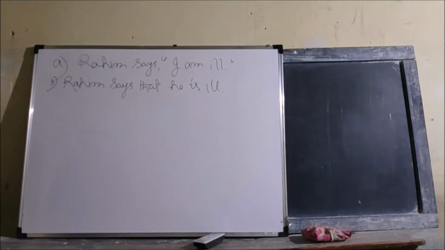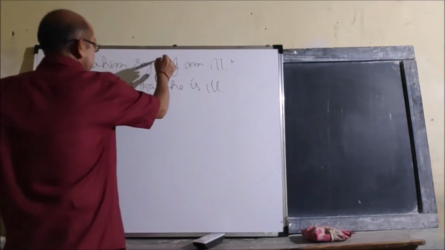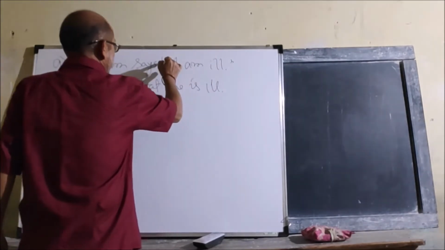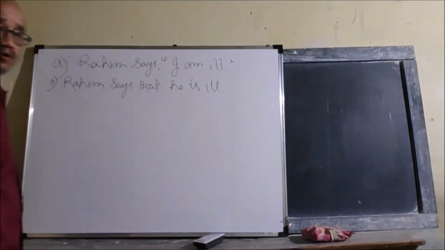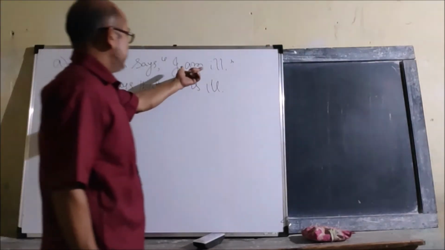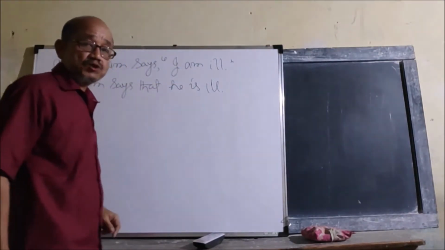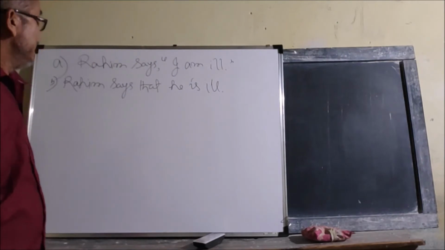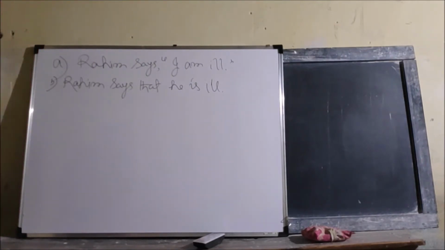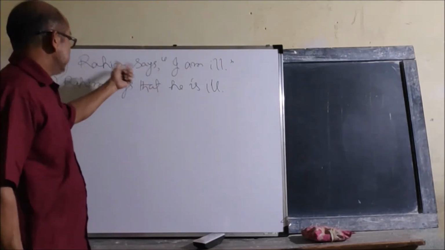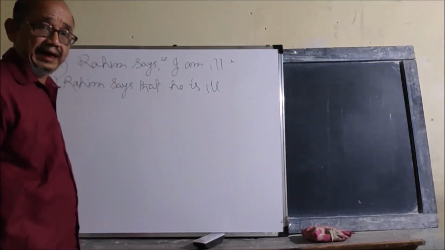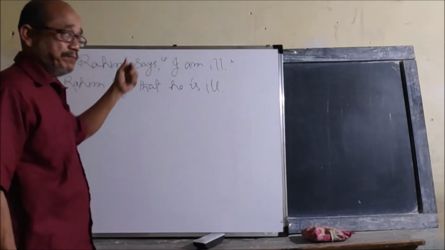Now, the statement which is between inverted commas is called the reporting speech. "I am ill" is called reporting speech, and the word that the subject uses is called the reporting verb.